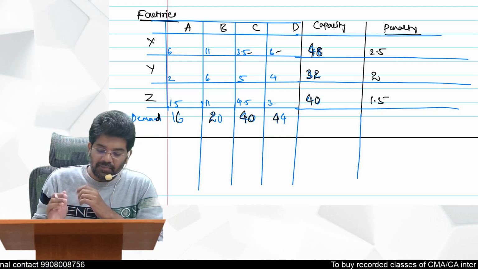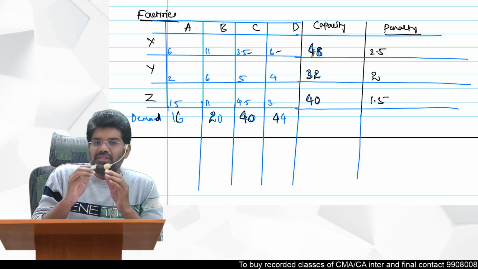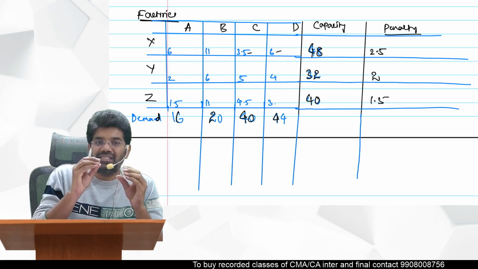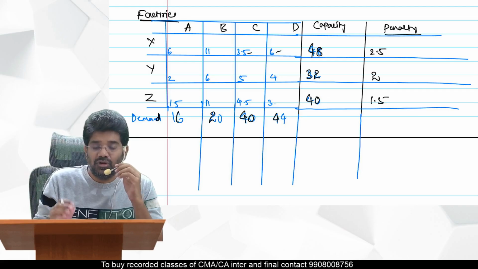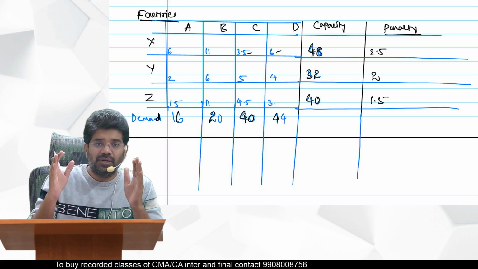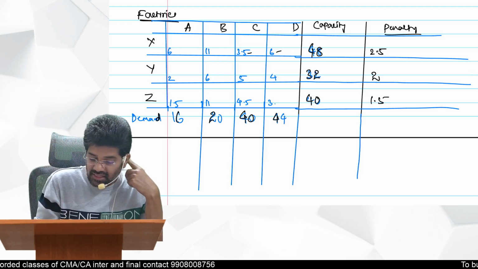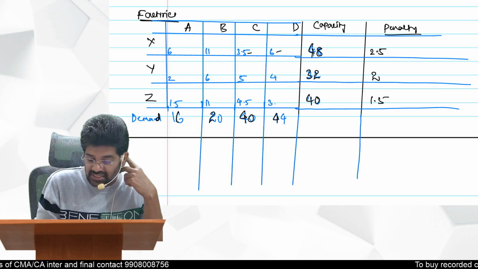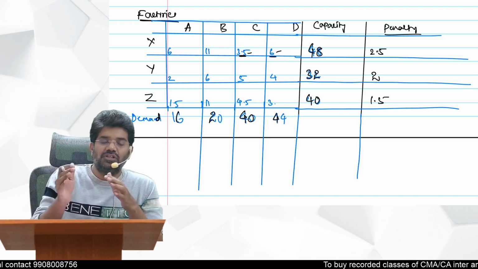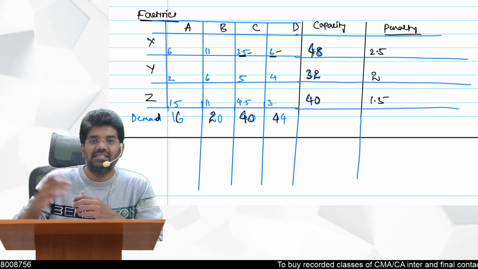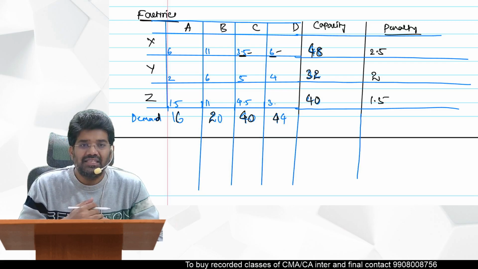How should you calculate penalties? For every row, calculate the difference between the first least cost cell and the second least cost cell. That is, in this row, what is the first least cost? 3.5. What is the second least cost? 6. So the difference between these two you should consider as the penalty, 2.5. Why are we calling this a penalty?